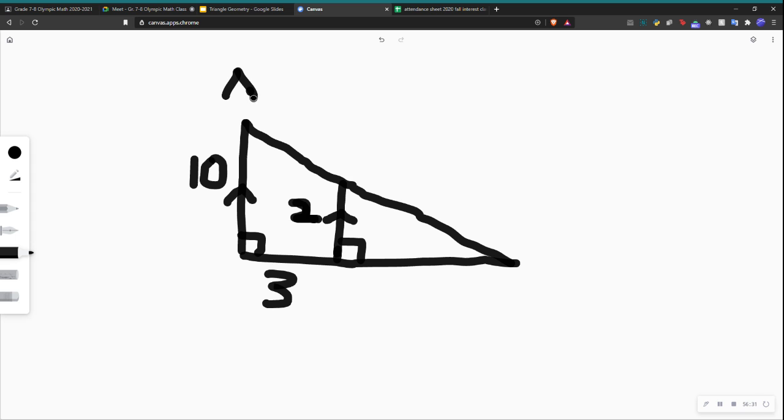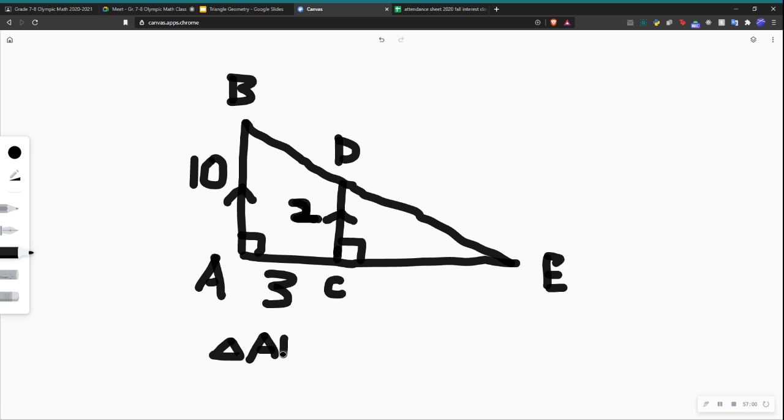I'm going to name these vertices just to make it simpler. So it is A. Oh yeah, the street light was called AB. Forgot about that. This was B, A. And wherever Kevin was standing, we'll call that C. Wherever the light touches Kevin's head, that's D. And when the light touches the ground, we'll call that point E. So the only two triangles we have are ABE and triangle CDE.